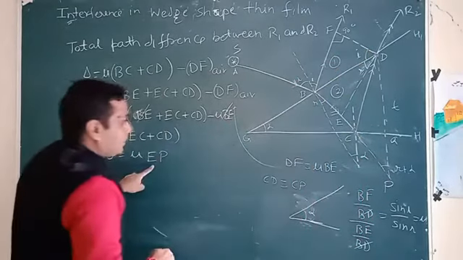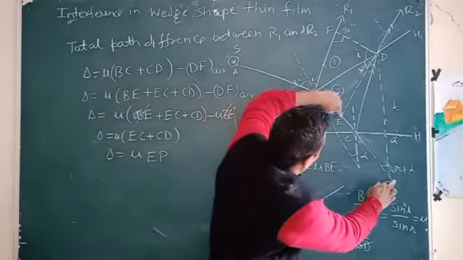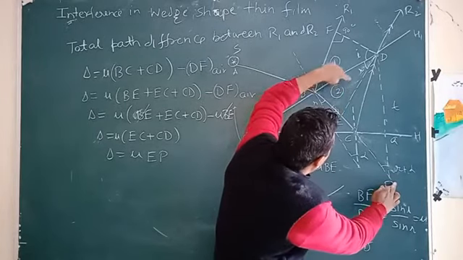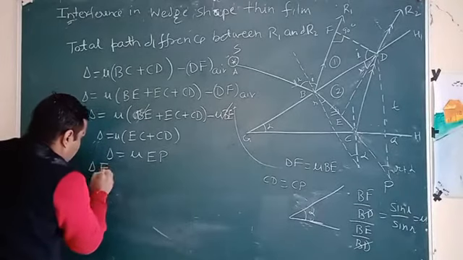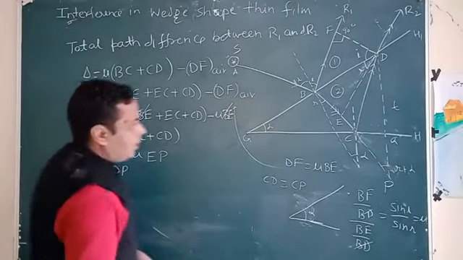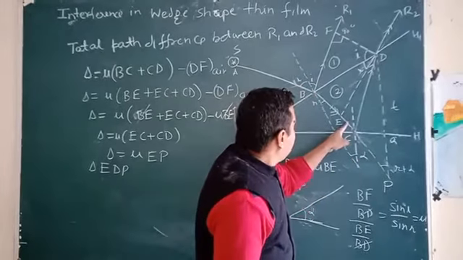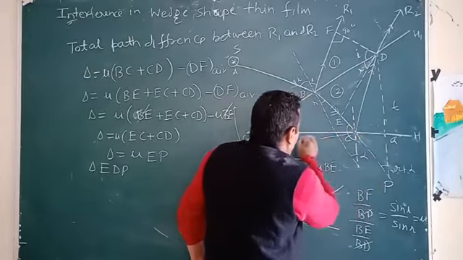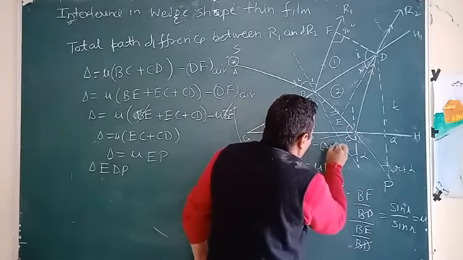So our purpose now is very easy: to calculate EP. Taking the triangle EDP, now our main focus is on EDP. Now this angle is alpha, this is r, and this angle is 180 degrees minus r plus alpha.